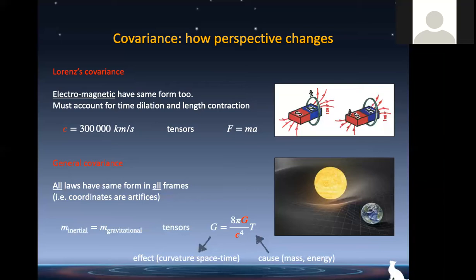Vectors are not enough anymore. You need an upgraded version of them, which is tensors. This is because vectors don't transform well when you have space and time considered on equal footing. So you need objects that treat space and time on equal footing, which are tensors. And you can write, using some redefinition, a sort of analog of Newton's law with some caveats on how you define the force and acceleration, and also how you define the mass.